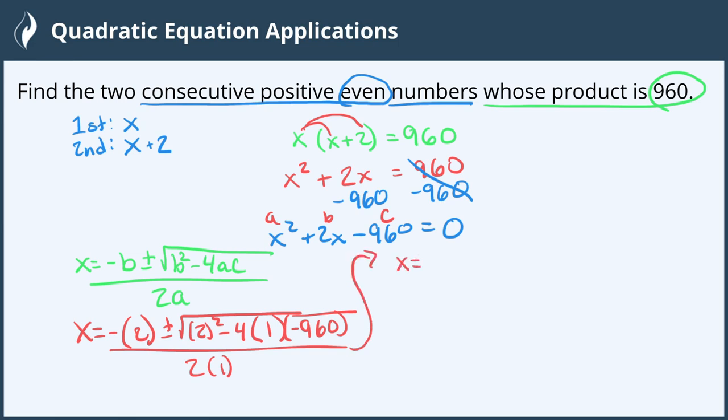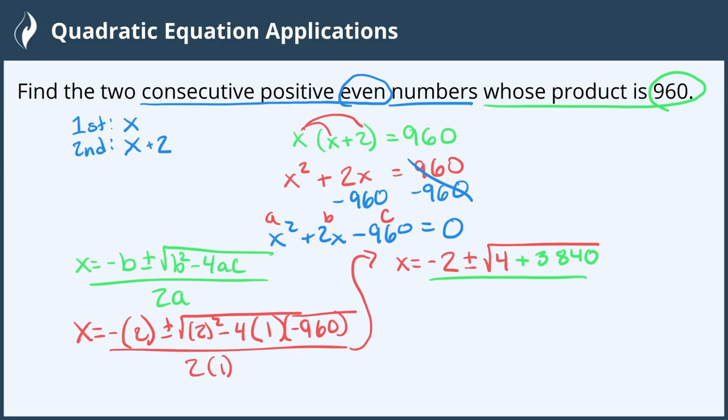X equals negative times 2 is negative 2, plus or minus the square root. 2 squared is 4. And then we have negative 4 times positive 1 is negative 4. And negative 4 times negative 960 in my calculator is plus 3,840.